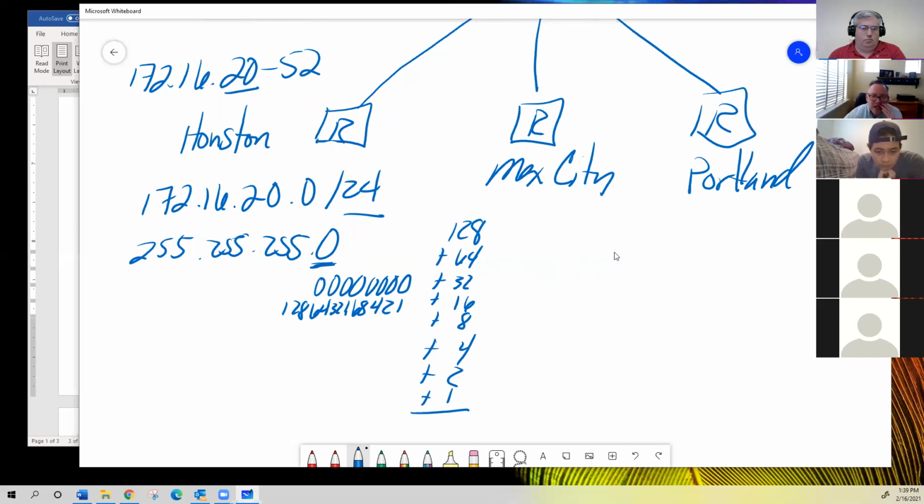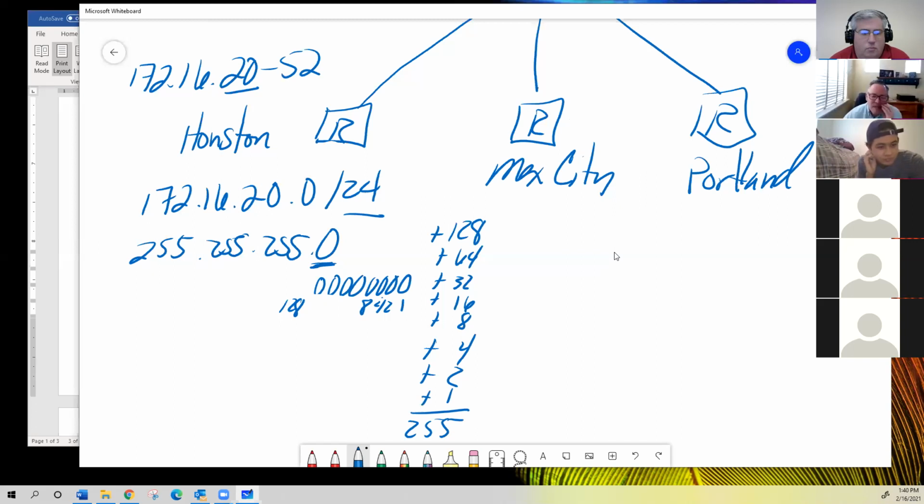So 128 plus 64, that's 192 right there. These are the numbers, I put them to the side so you can see them better. So 128 plus 64 plus 32 plus 16 plus 8 plus 4 plus 2 plus 1. Each of these is a column: that's the 1 column, the 2 column, the 4 column, the 8. 255, that's right.